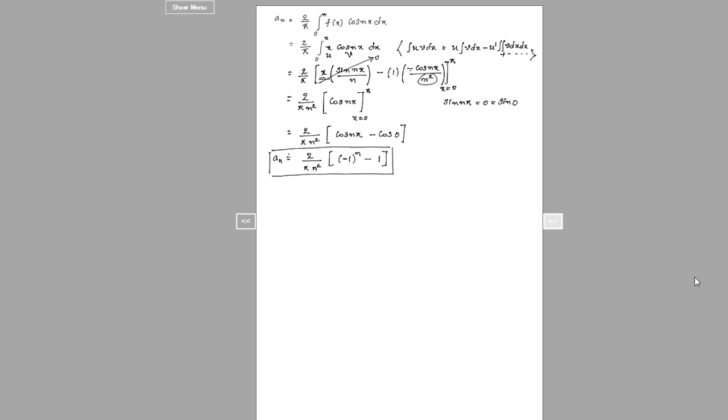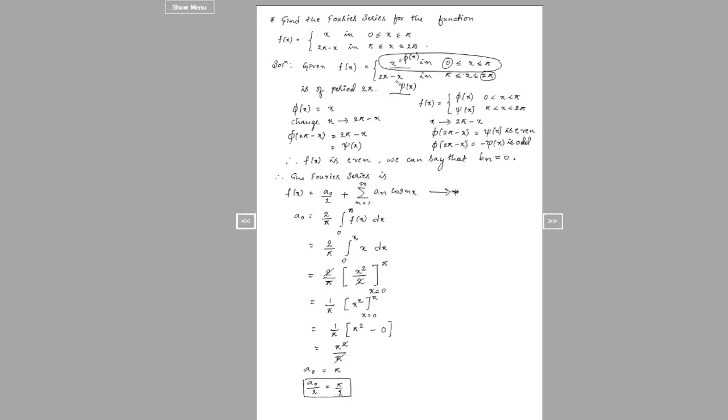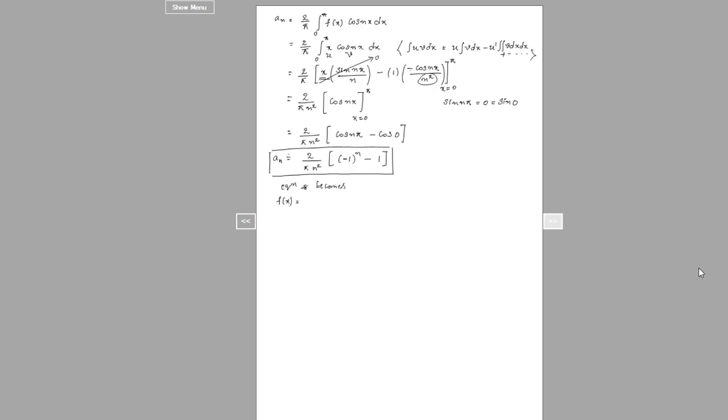Once we know the value of a n and a naught, the equation star becomes f of x equal to a naught by 2, which is pi by 2, plus summation n equal to 1 to infinity of 2 by pi n square into minus 1 power n minus 1 into cos n x.